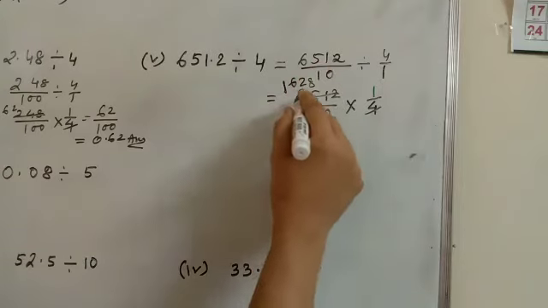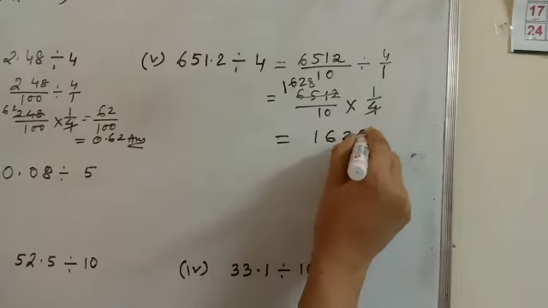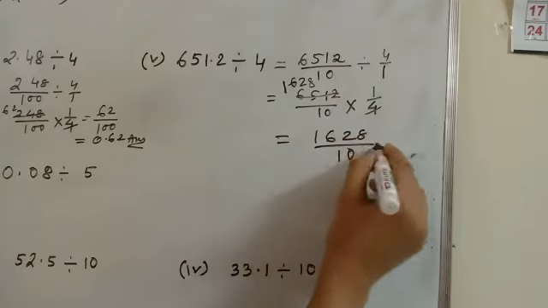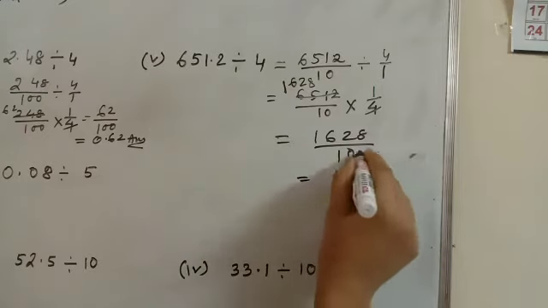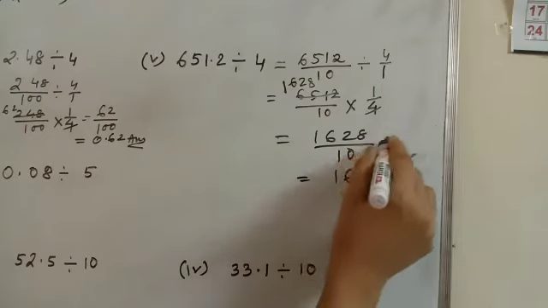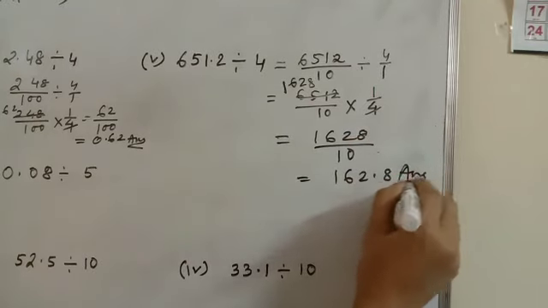The result is 1628. So the result is 1628 by 10. 10 was there in the denominator. So 162.8, after decimal, 10th place of decimal. So from the right side, 1 place. This is the answer.